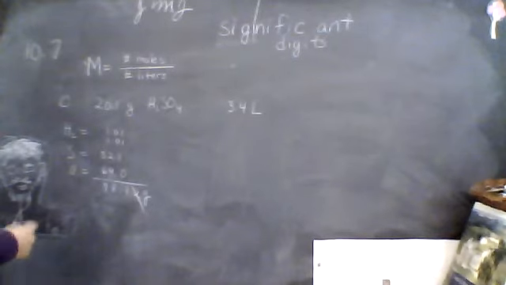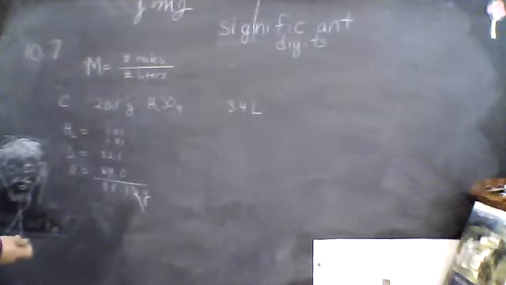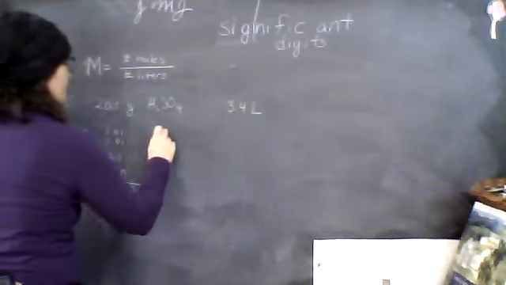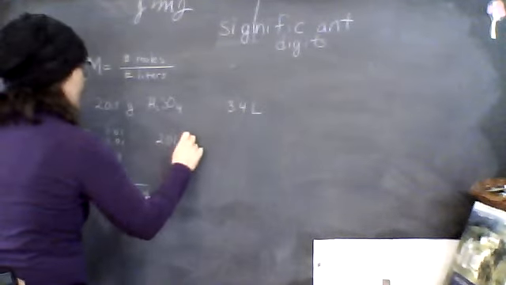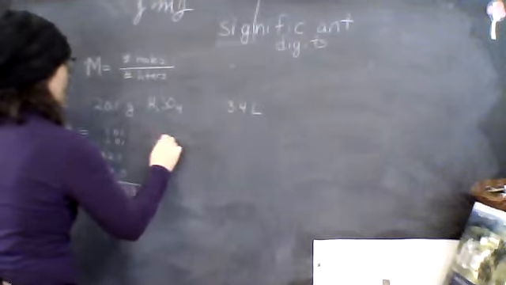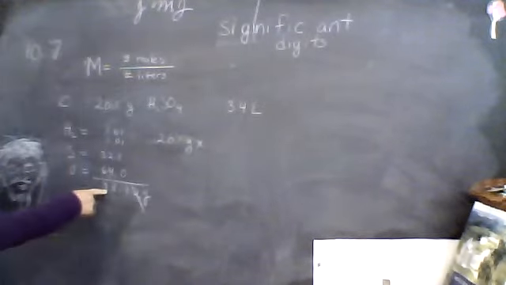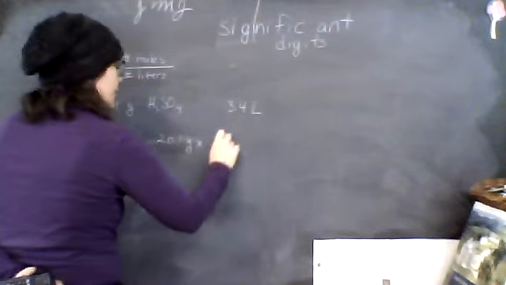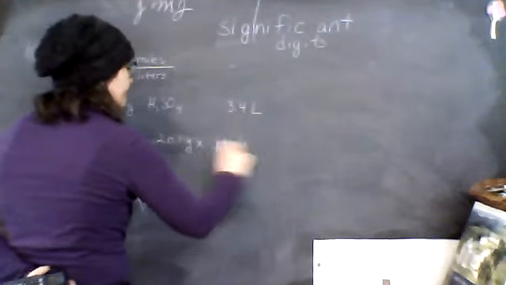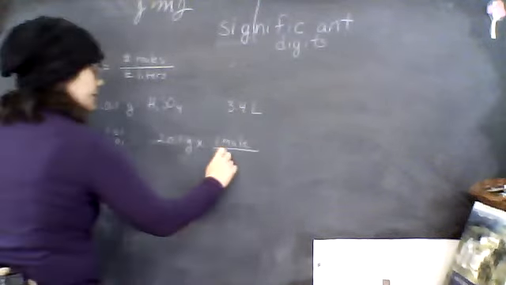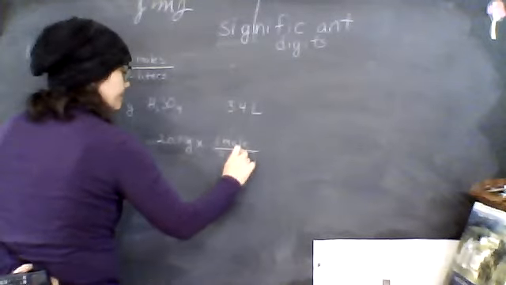That means that 1 mole is that weight. So how many moles is 20.1 grams of H2SO4? We're going to say 1 mole per 98.1 grams. Grams cancel, and we'll end up with moles.